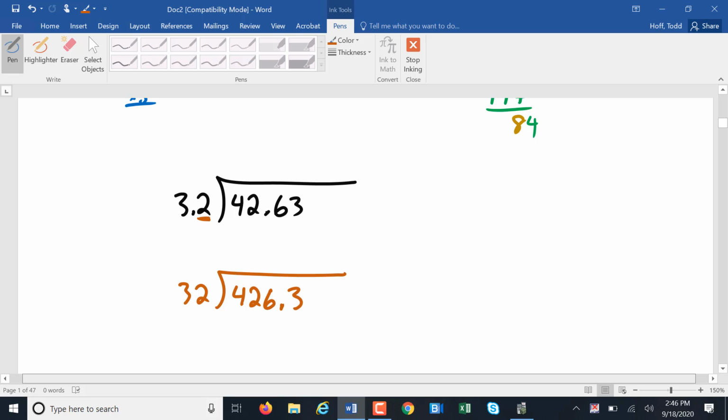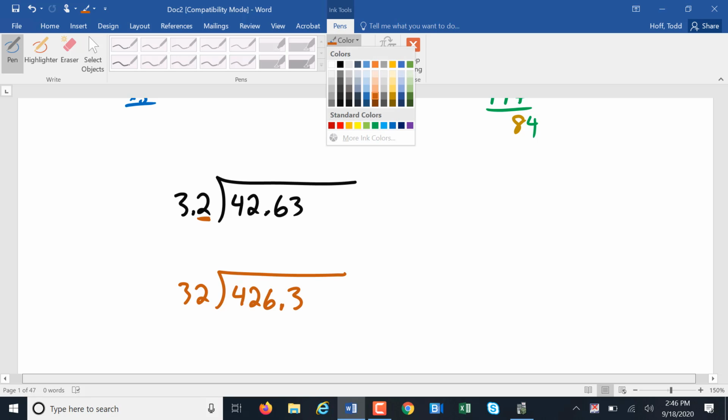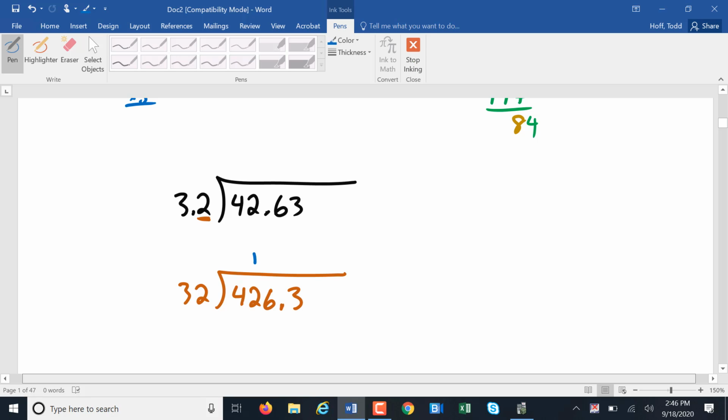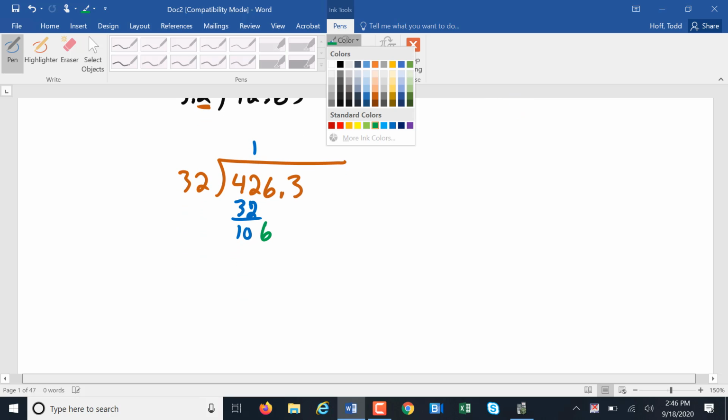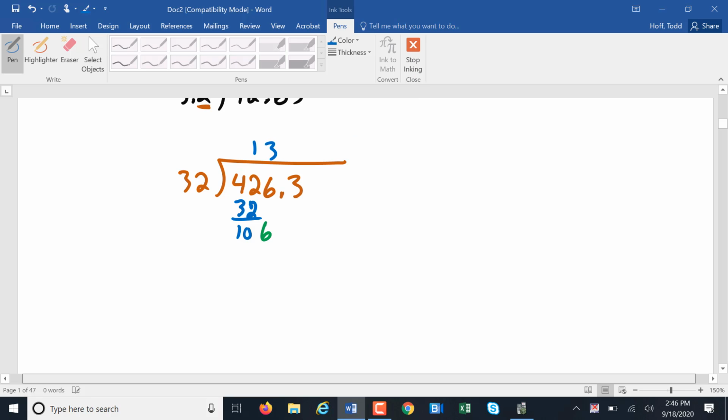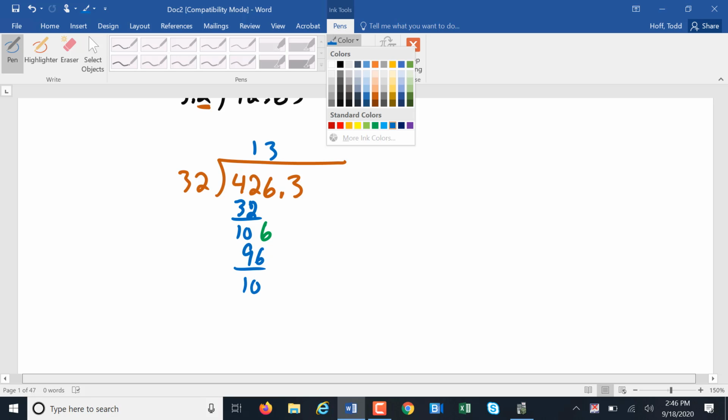So that becomes 426.3 divided by 32. 32 goes into 42 once. We subtract, there's 10 left over. We'll bring down the 6. 32 goes into 106 3 times. That's 96, so there's 10 left over.